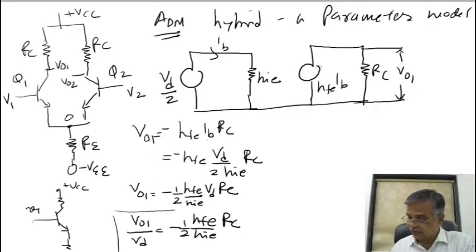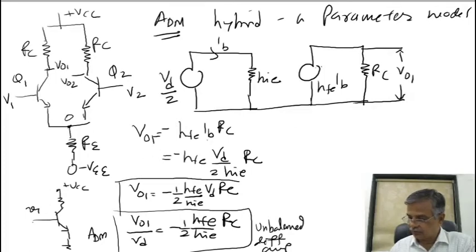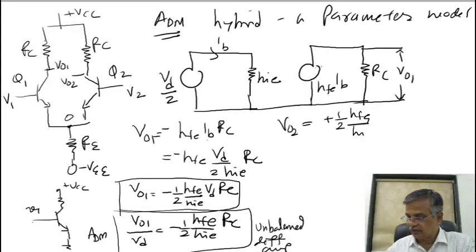This is the equation of ADM for the unbalanced differential amplifier. Similarly, you can write the output voltage for the second transistor as plus 1 half HFE upon HIE into VD into RC.